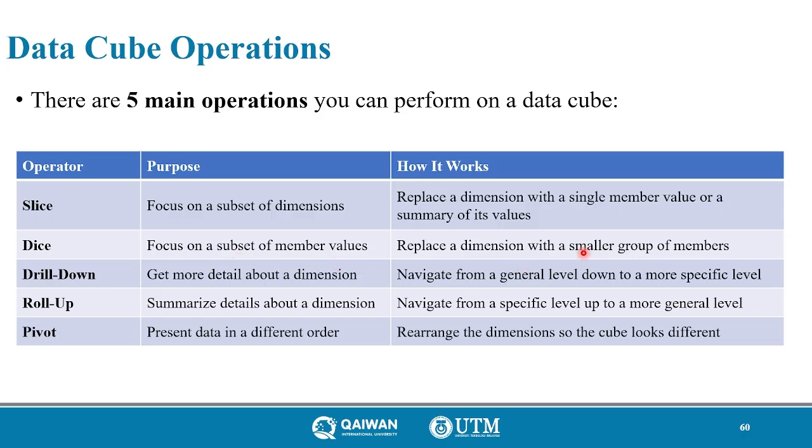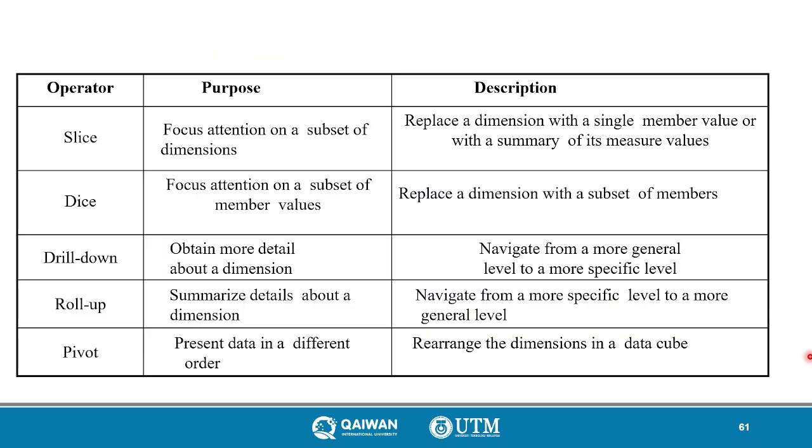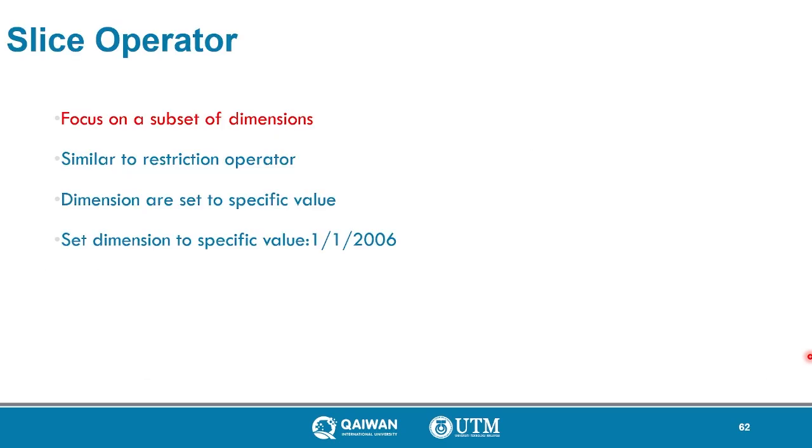Replace a dimension with a smaller group of members. Drill down and roll up, we explained: get more detail about the dimension, like a zoom in; roll up, like a zoom out, summarizes detail about the dimension. And pivot presents data in a different order. Rearrange the dimensions so the cube looks different. Now it is the same as this one.